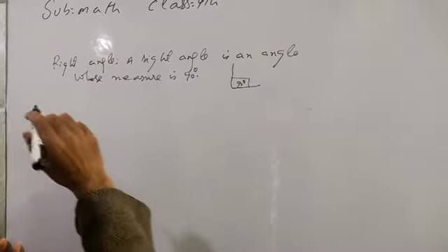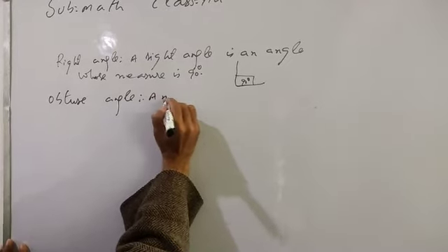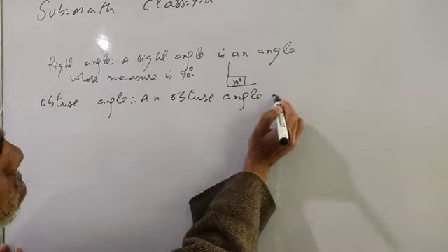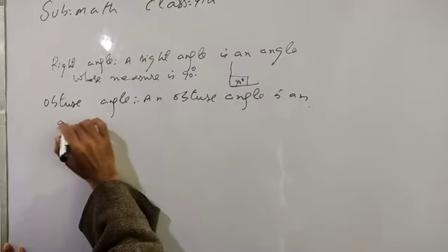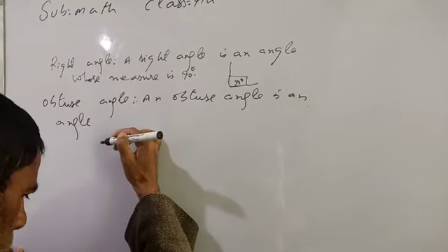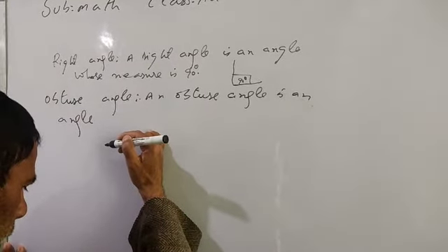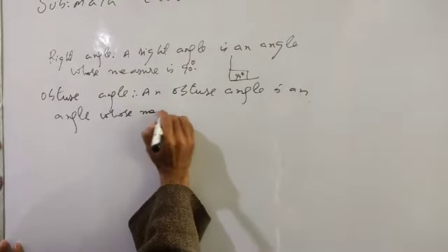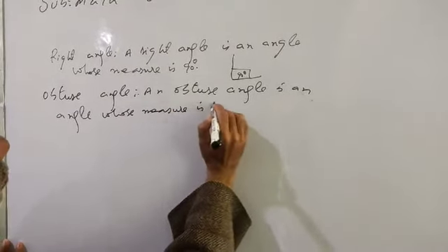After this, we will state the obtuse angle. An obtuse angle is an angle whose measure is between 90 and 180.